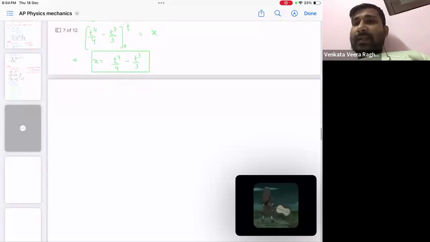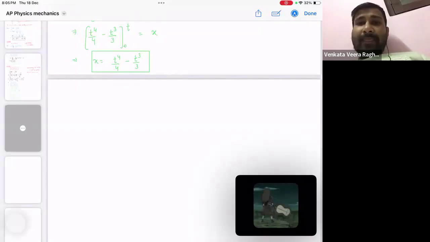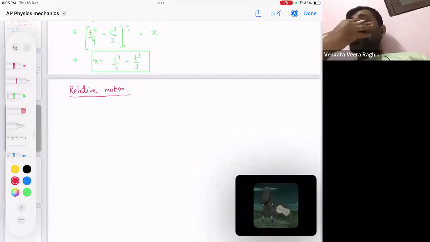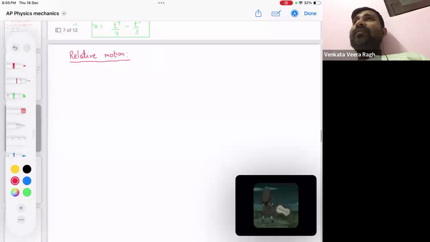Right. Now let's discuss a little bit about relative motion also. So what is relative motion? Tell me.